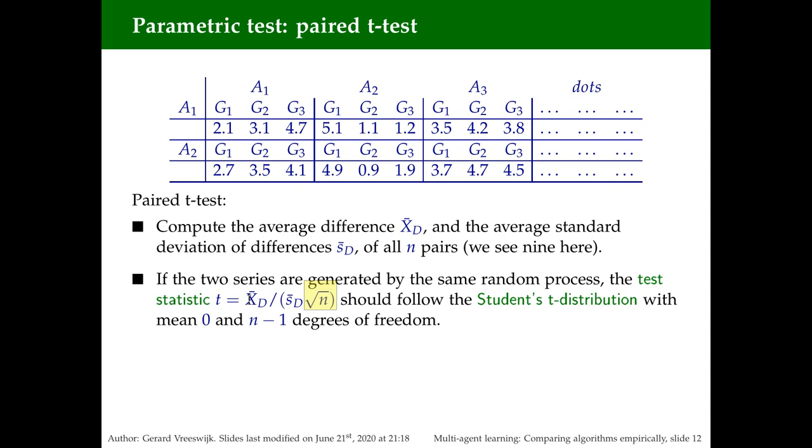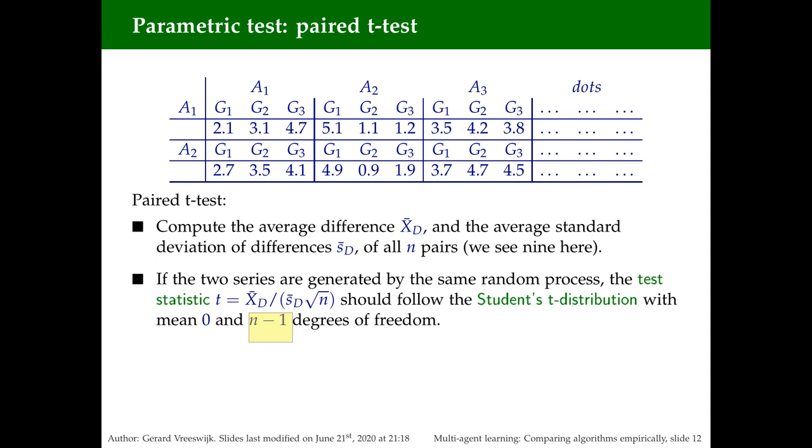So this value is basically normalized, and this normalized value is called a test statistic, because we know if both rows are generated by the same process, it should follow the student's t distribution with mean 0 and n-1 degrees of freedom.